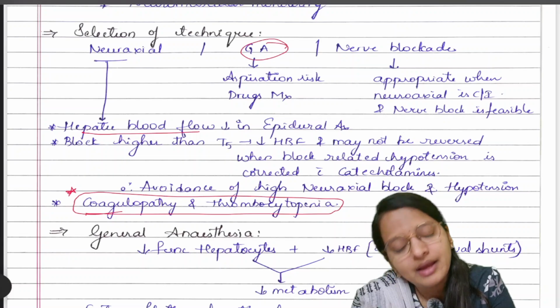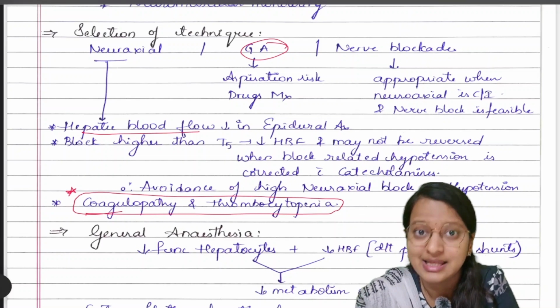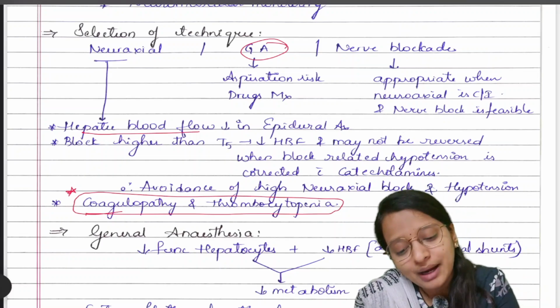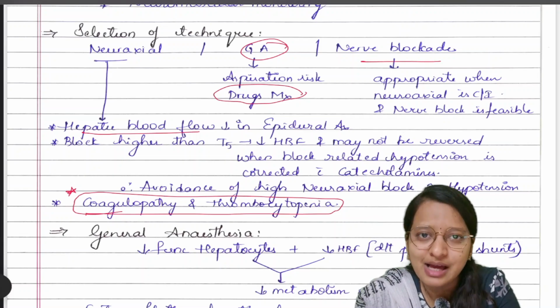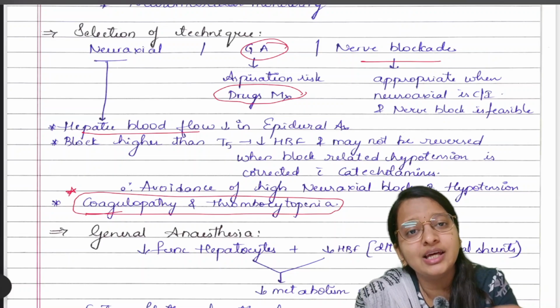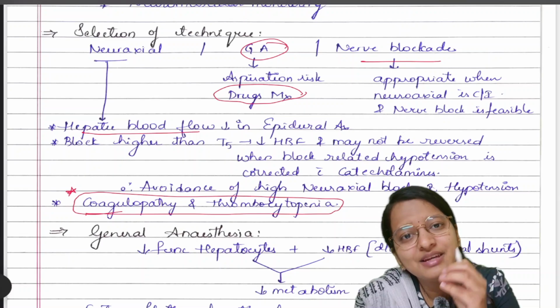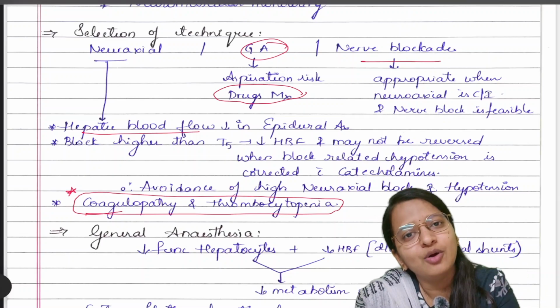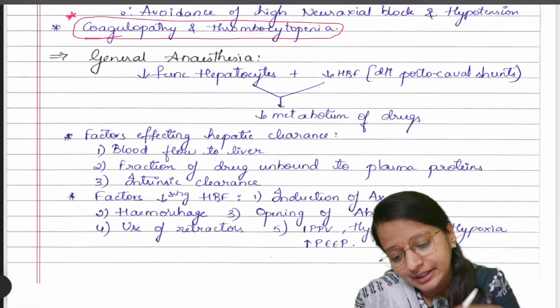In GA, my concerns are aspiration risk because there might be massive ascites, and multiple drugs have to be used. And in nerve blockade, I'm very happy if the coagulation profile and everything is normal, and where the nerve block is feasible, I can go with nerve blockade. All my hemodynamics will be maintained.